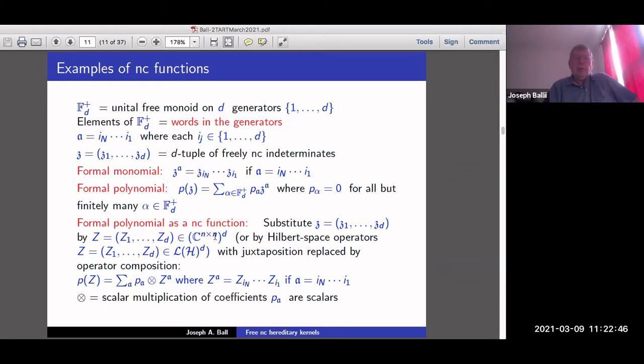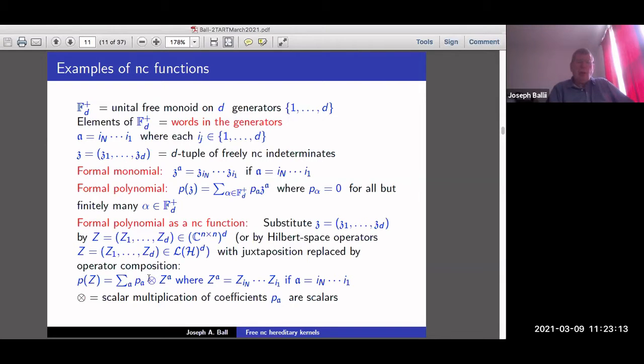And this is convenient when we're thinking of functions. So we take a d-tuple of n by n matrices, or more generally, a d-tuple of operators on a Hilbert space, and the multiplication is ordinary operator composition instead of juxtaposition. So we have a functional calculus given a tuple of square matrices.